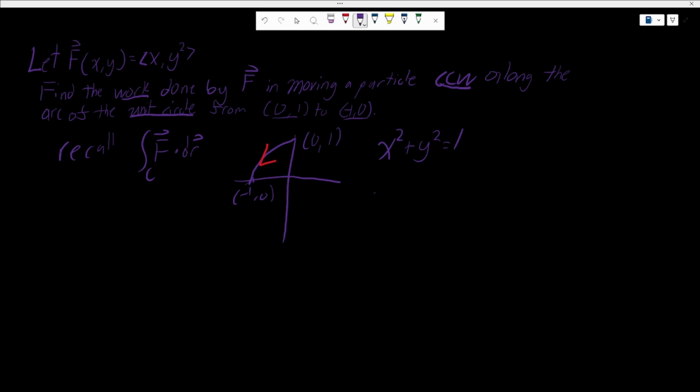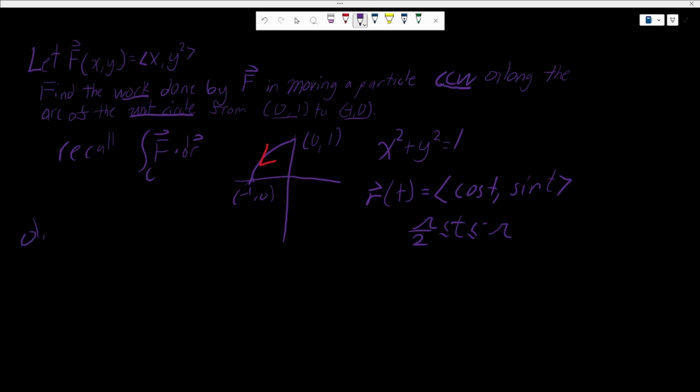However, if we parametrize this to get a vector function r of t, it's going to be (cosine t, sine t), where t goes from pi over 2 to -pi.